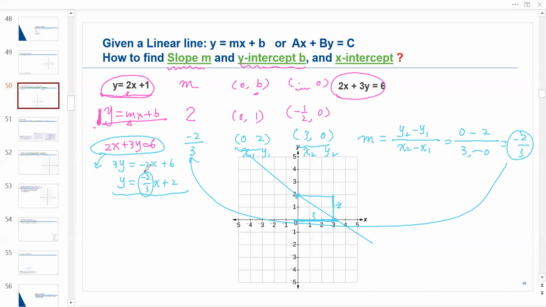So you can find the y-intercept, x-intercept, and slope, and you can also use the slope formula to get the slope. That will be very easy. Last week's homework already gave a lot of basic information. So let's move on.